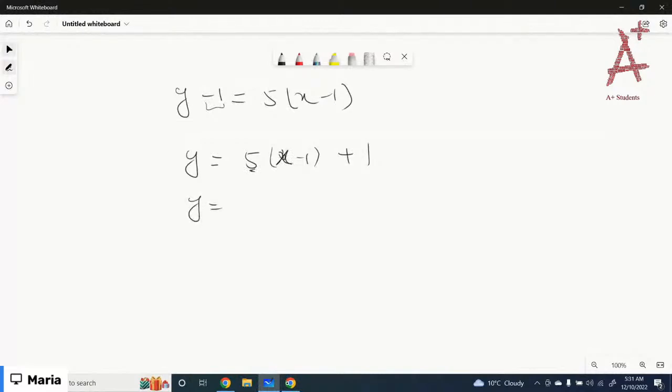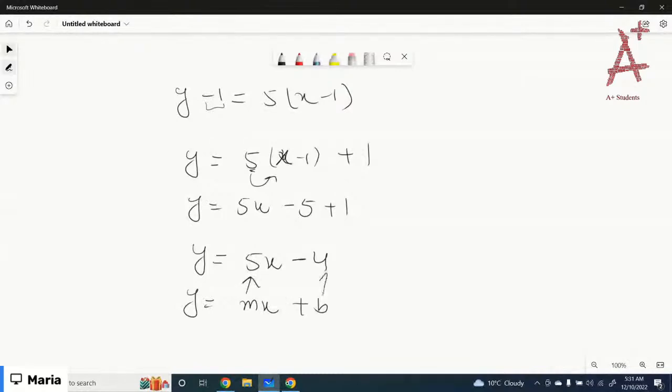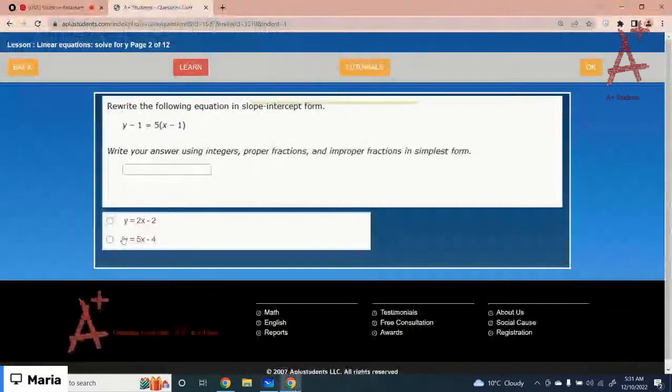It would be y equals 5 times x is 5x, 5 times 1 is negative 5, plus 1. Got it? So negative 5 plus 1 is negative 4. So it would be y equals 5x minus 4. When you compare it to the slope intercept form, y equals mx plus b, m is 5, b is negative 4. That is the correct option. Just select the correct option and click on the OK button.